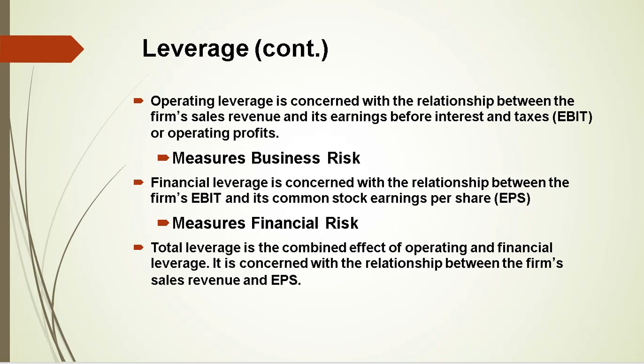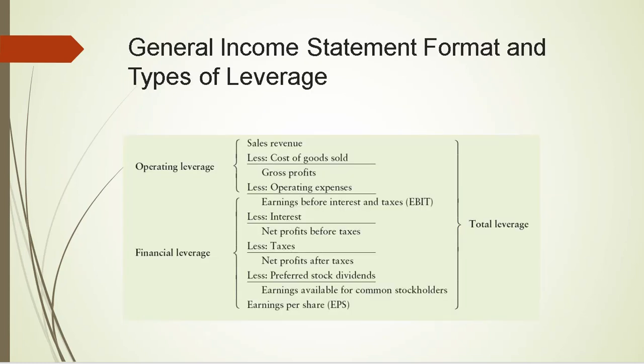So if you think about how the relationship in an income statement is created, operating leverage is the top half of the income statement. Financial leverage is the bottom half. And again, total leverage is the combined balance or effort of those two things.